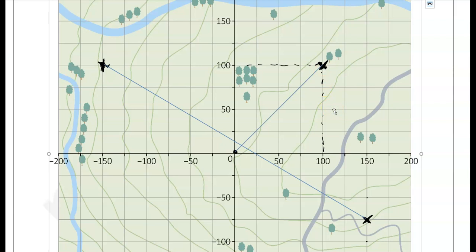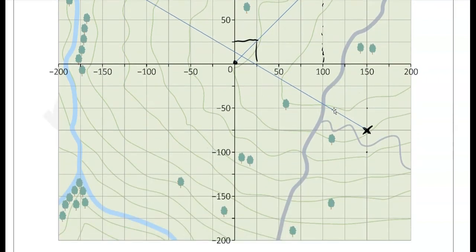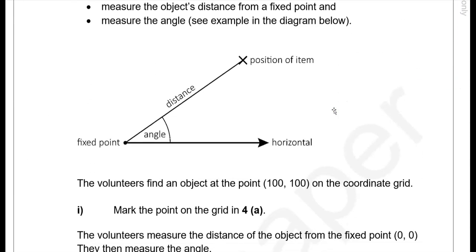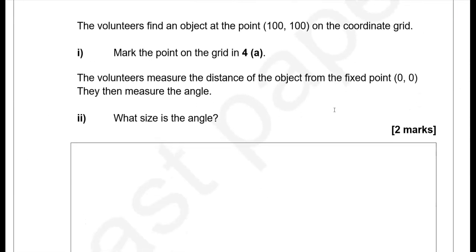Now you could measure this with a protractor, but also this is half of 90 degrees. This is 90 degrees and this is half of it. So half of 90 degrees is 45 degrees. What size is the angle? 45 degrees.